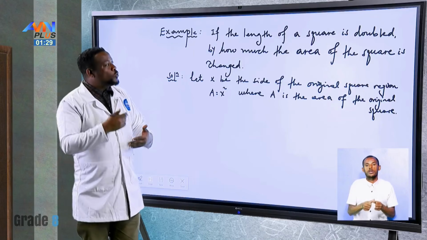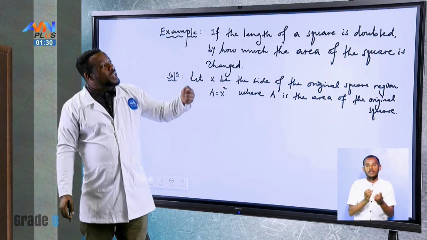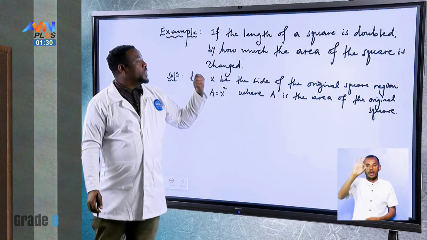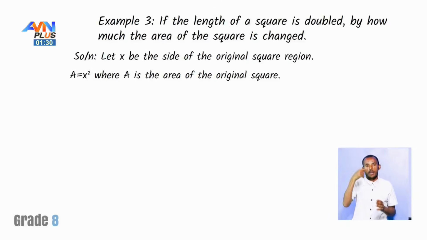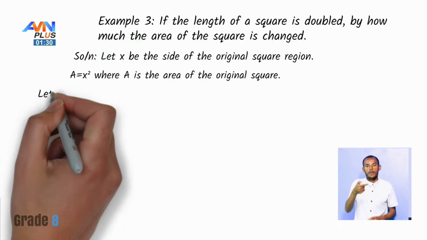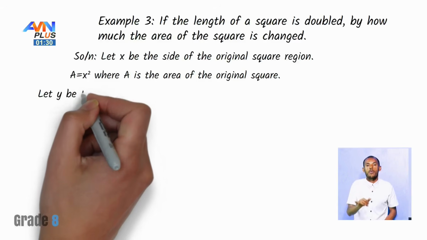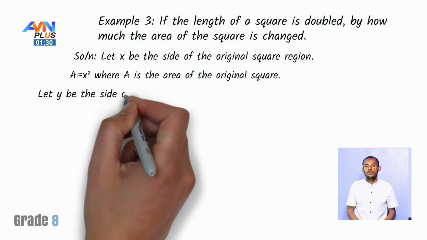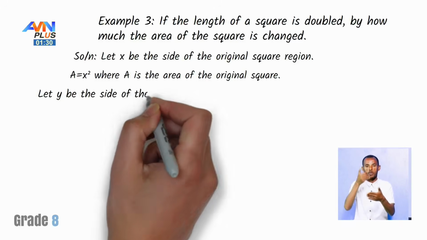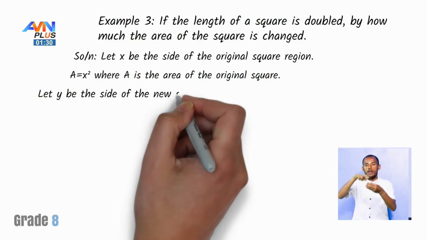Now we need to calculate the newly obtained square region and the side. Let's say y is the side of the new square region.